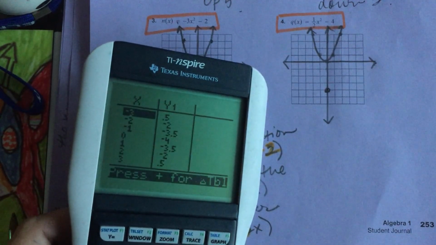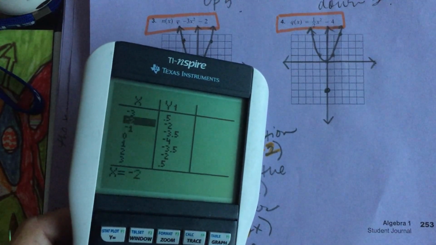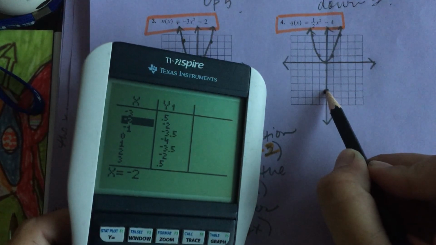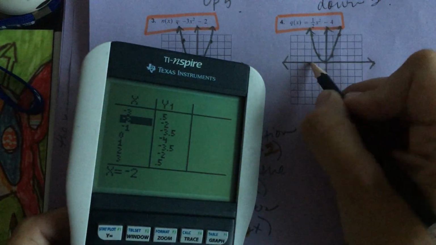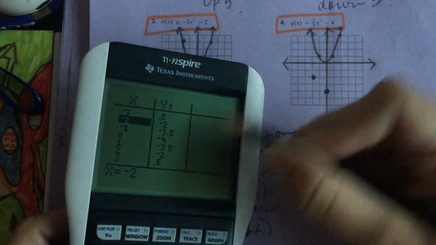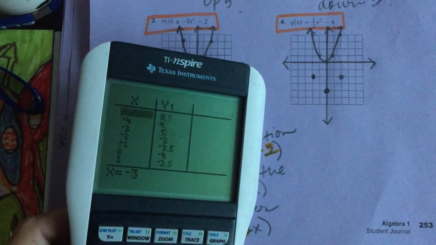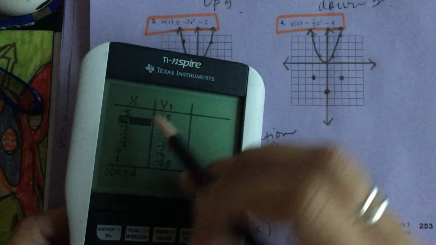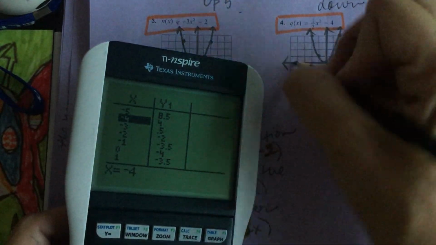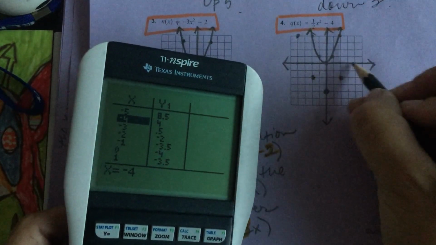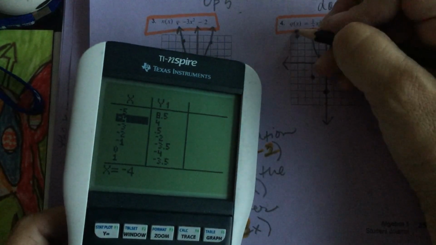And then when we put this into our table, there's my 0, -4. I knew where the vertex went. -2 to -2, +2 to -2, and I'm actually even going to move around a little bit more in my table. There we go, that's what I thought. I can also get out to -4, +4, -4, +4.